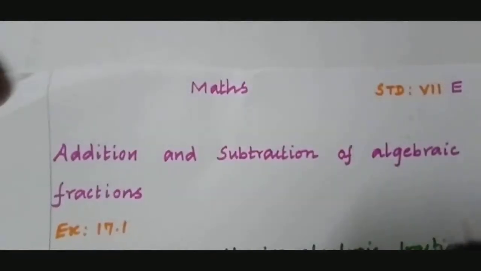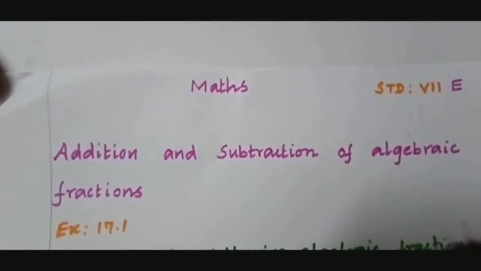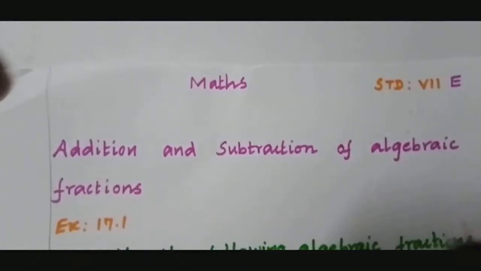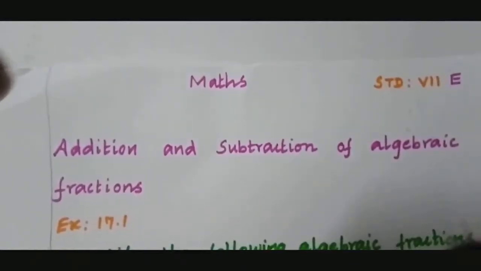In the previous class we have learnt about algebraic fractions. Let us have a small recap. What is an algebraic fraction? An algebraic fraction is a fraction in which the numerator or denominator or both have variables with or without constants.